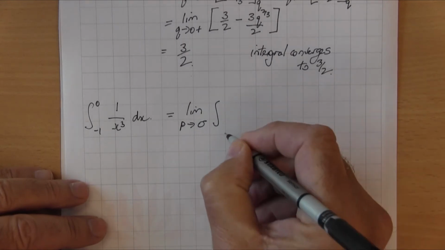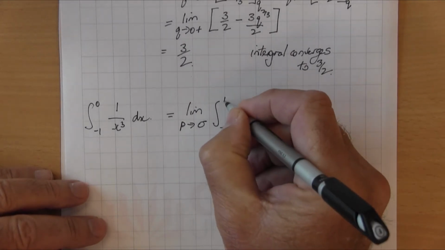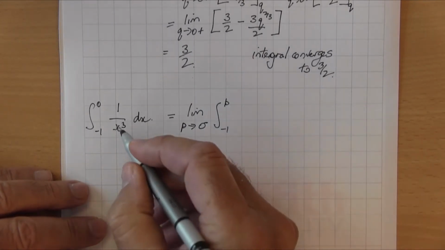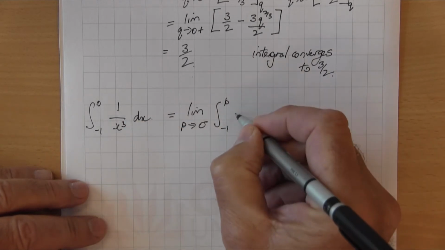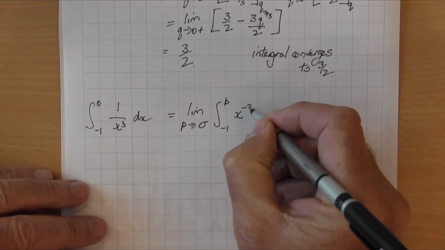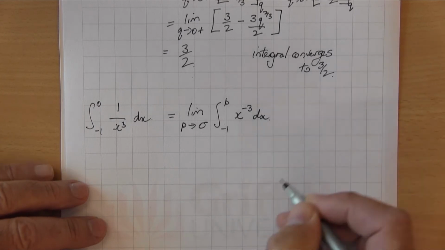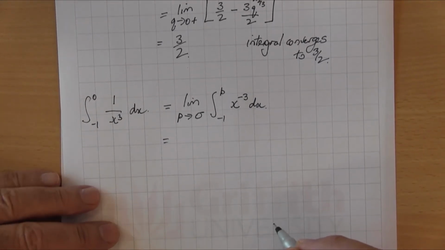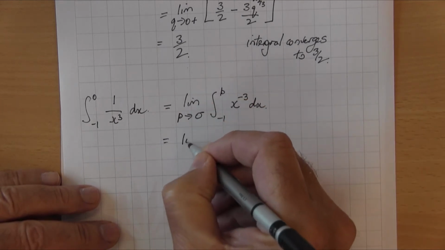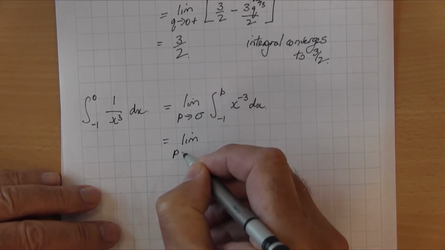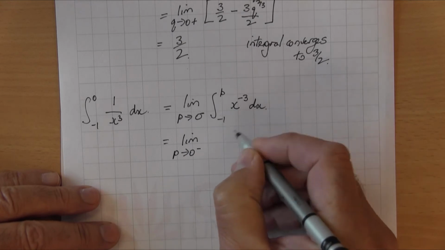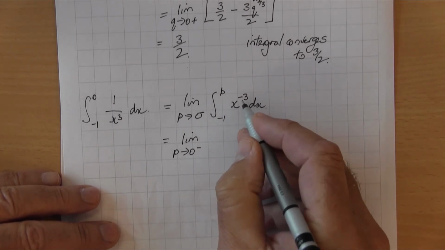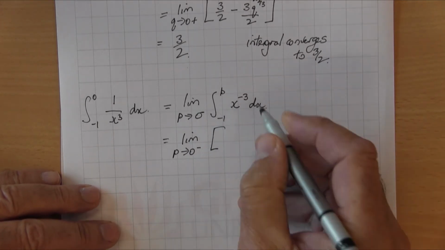So the integral between -1 and p of, now 1 on x cubed is x to the minus 3 dx. Integration rules, we keep writing the limit as p approaches 0 from the negative side, and when we integrate that we add a power.